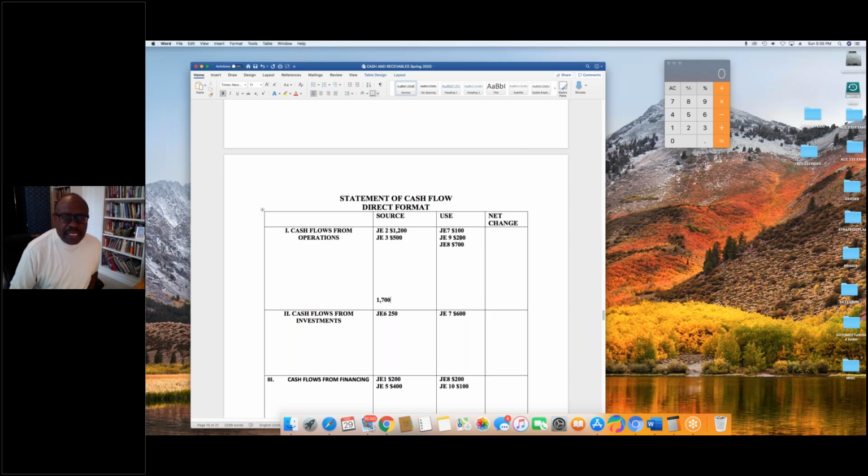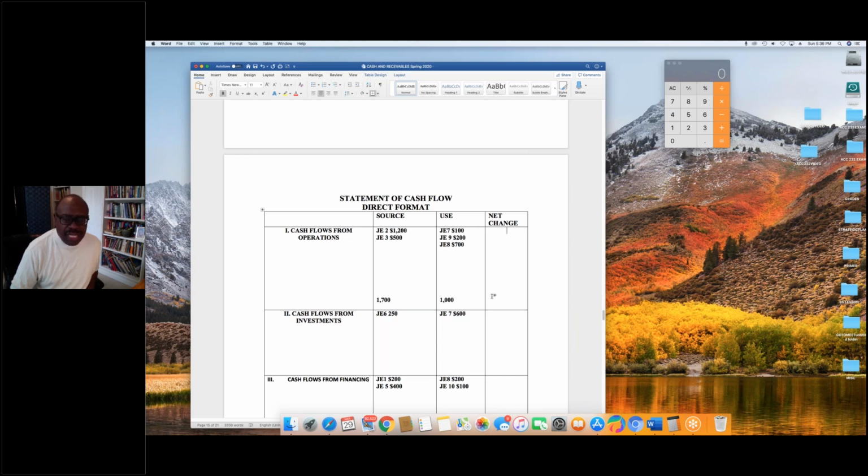Then we add these up, 700, 200, and that's 1,000. So we had sources based on the journal entries of 700, uses of 1,000.